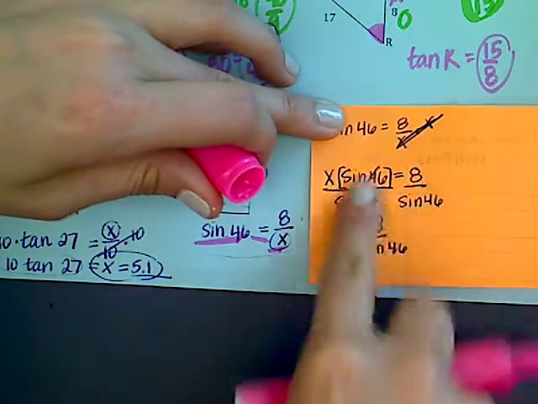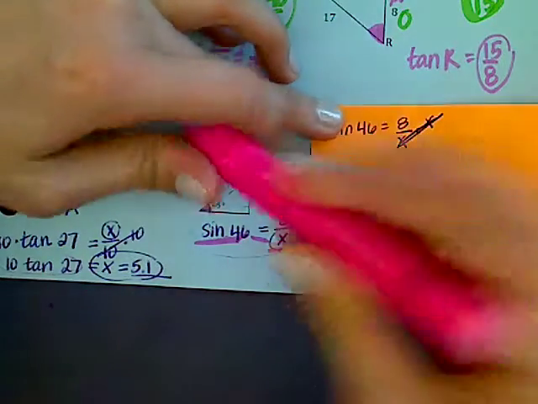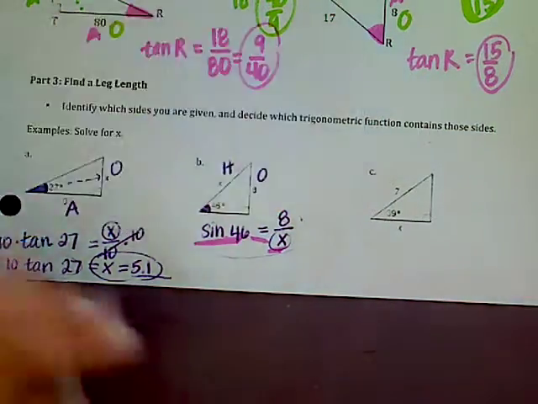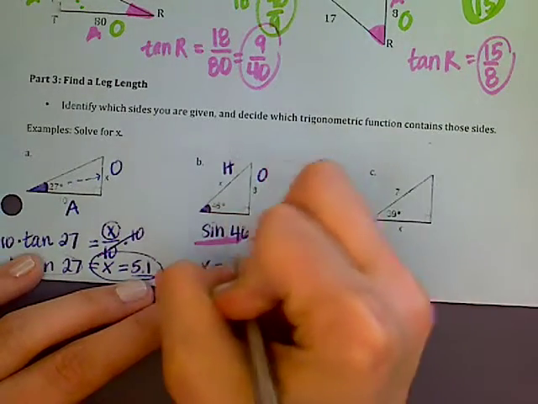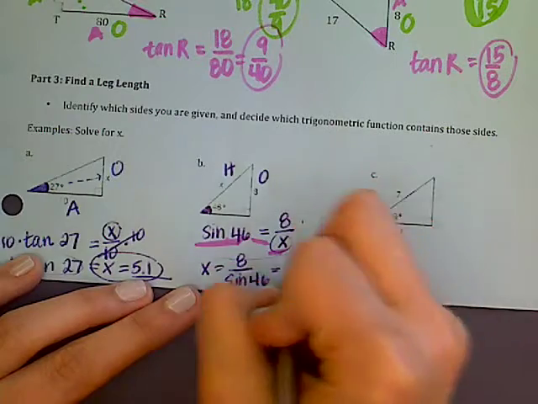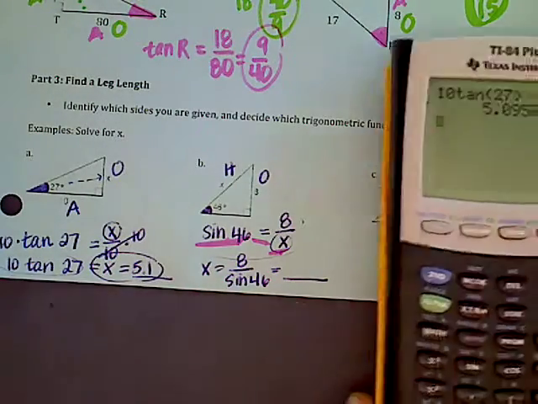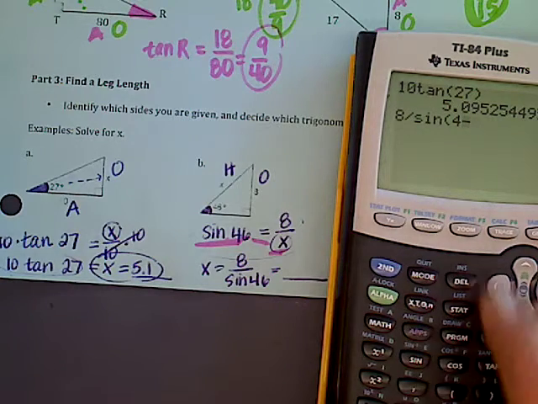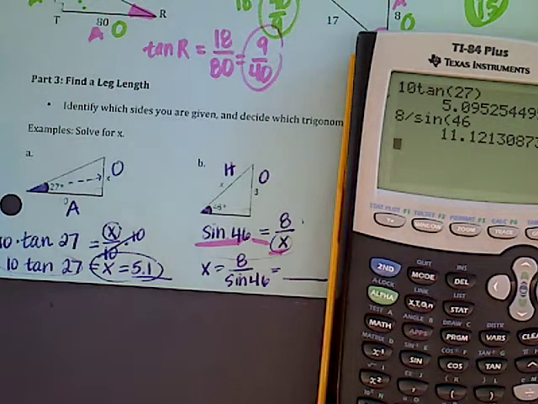You can go through these steps if you like, if it makes you more comfortable, but if you can remember the trick, just switch those two terms. So I can rewrite this as x equals 8 over sine 46. In your calculator, you should get 11.1.